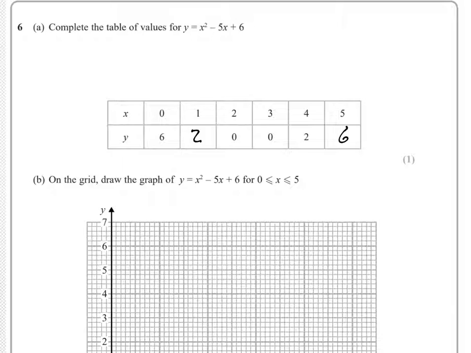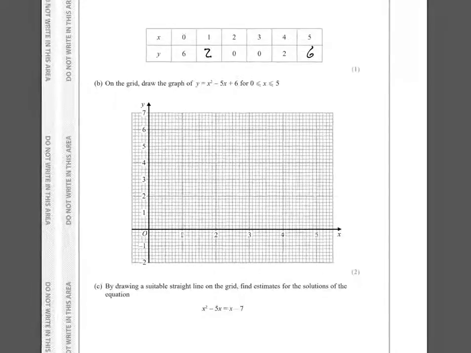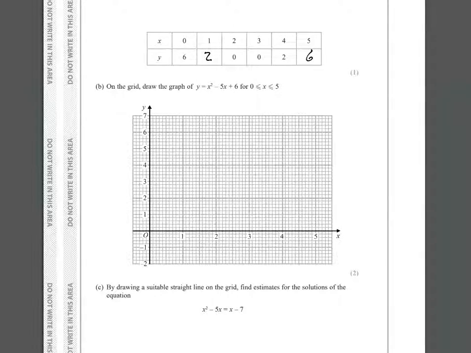So there we go, we can just plot that onto our graph. We've got 0, 6, 1, 2, 2, 0, 3, 0, 4, 2, 5, 6.